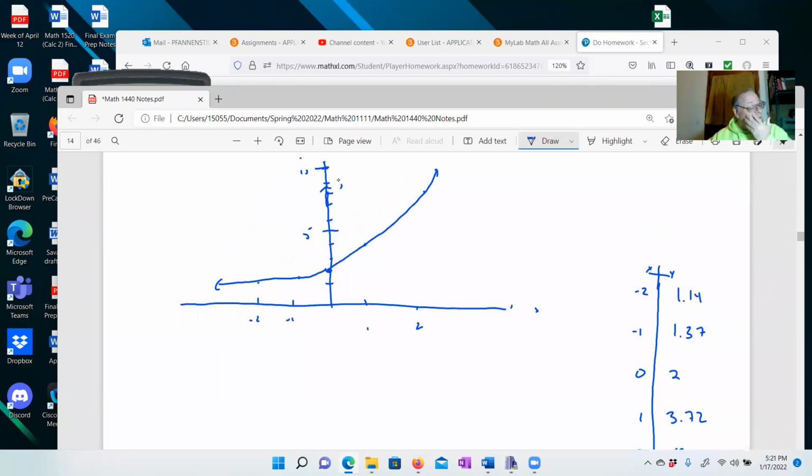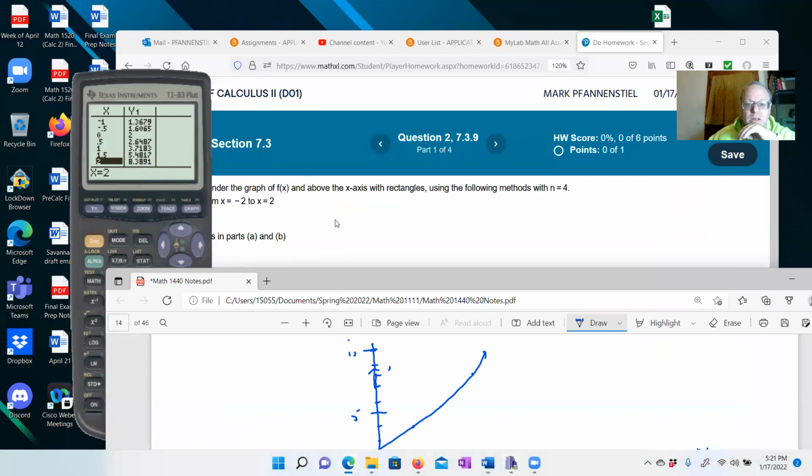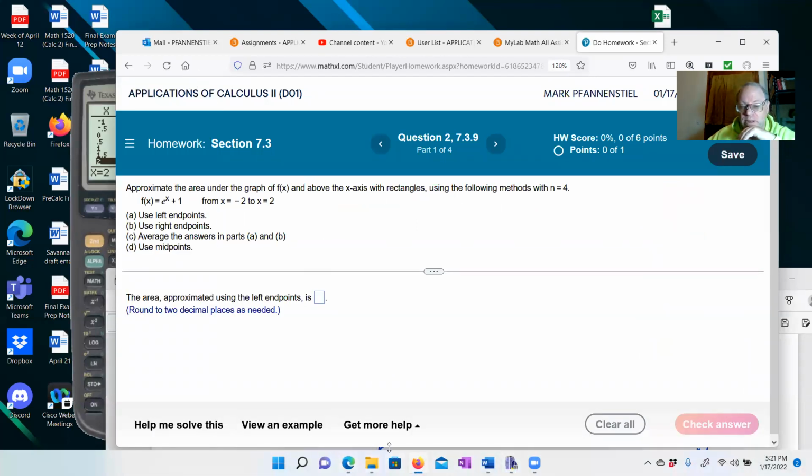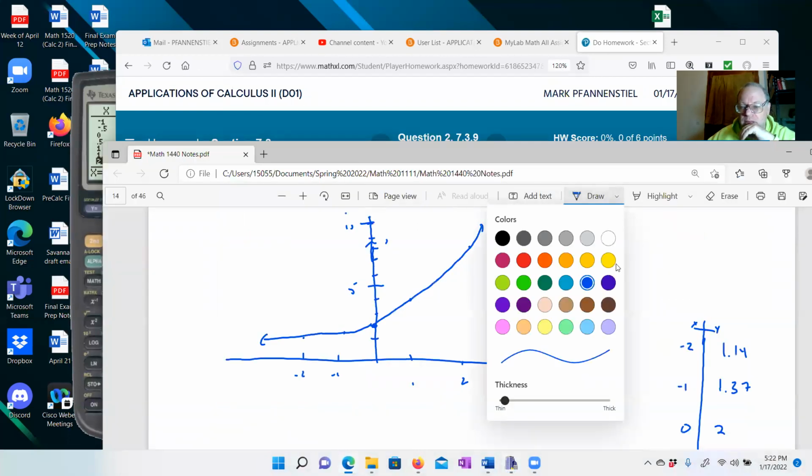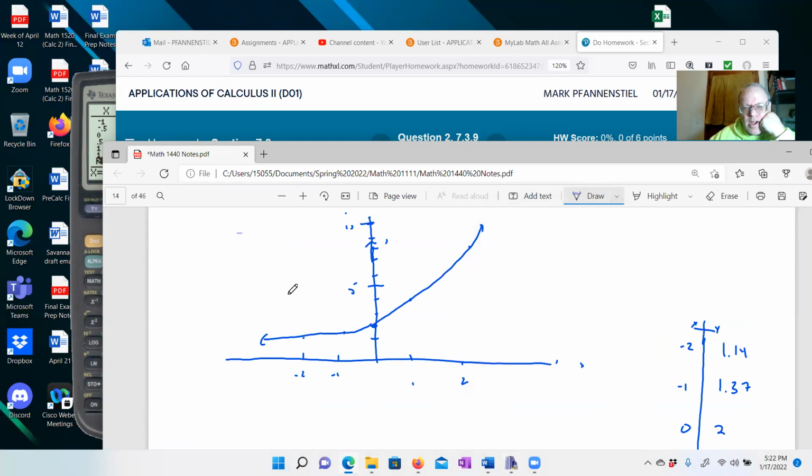Now we have to get our part A, right? Use left endpoints. So what we're going to do here is make this a light color. What's going to happen is I need these purple rectangles.